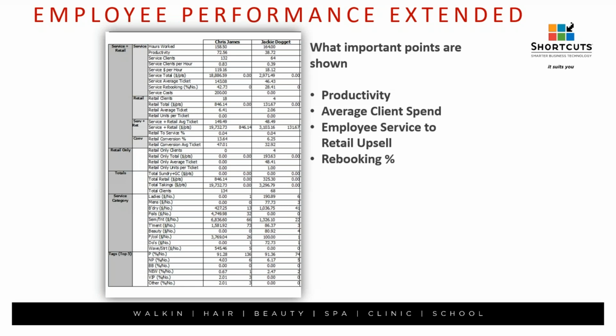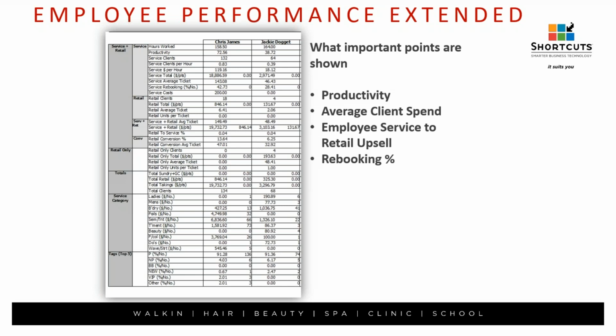And again, averages. So to get a sense as to how productive your employees are, what is their average client spend ratio or service to retail upsell and rebooking percentages. When you want to look at a more in-depth report for how the staff is performing, that's when you go to the employee performance extended report.